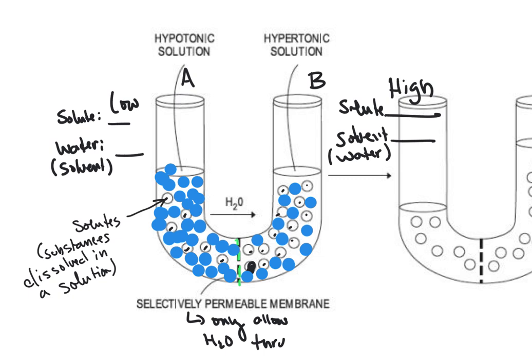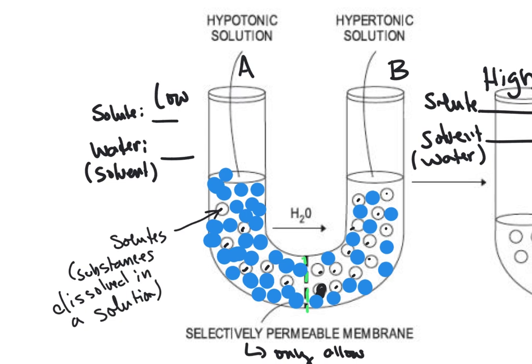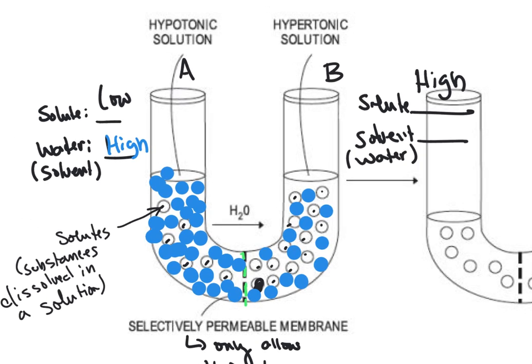And so in this particular case, my water on side A is going to be high, and my water on side B is going to be low.